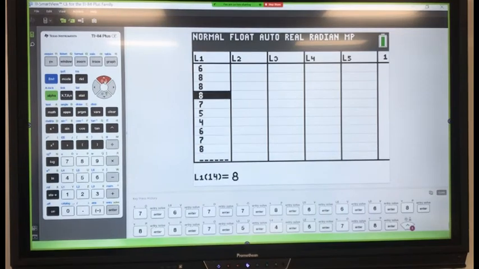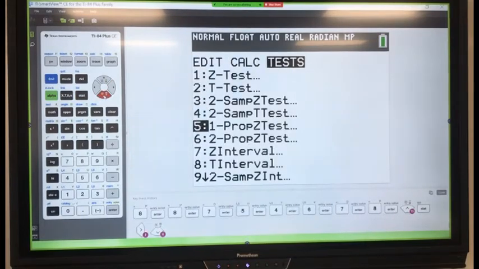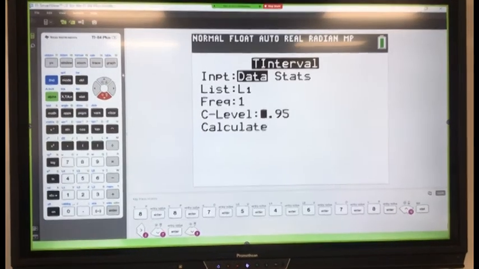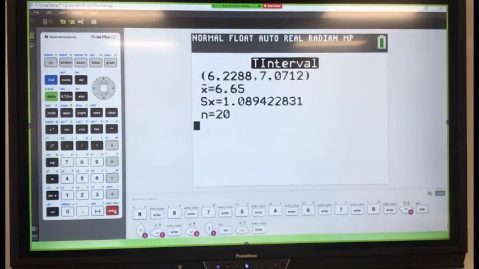So you're going to put all of your data in your L1, then go to stats, test, T interval, data. My data is in list 1. That's normal. Frequency, just keep that as 1. And what's my confidence level? 0.9. And the calculator will find your mean, your S, and all that for you.